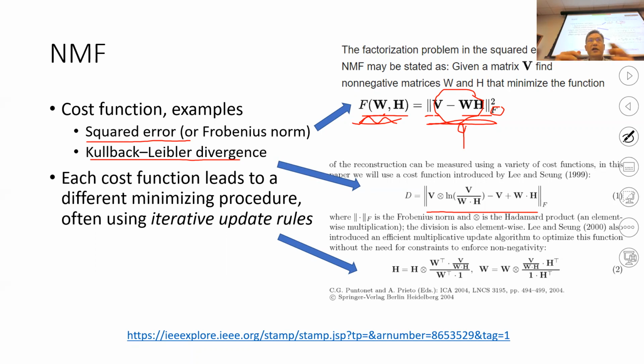KL divergence compares distributions. If the two distributions are similar or identical, you have a very small divergence D. And that involves this log of a ratio. That's the way the original paper's authors proposed, using KL divergence as a loss function.